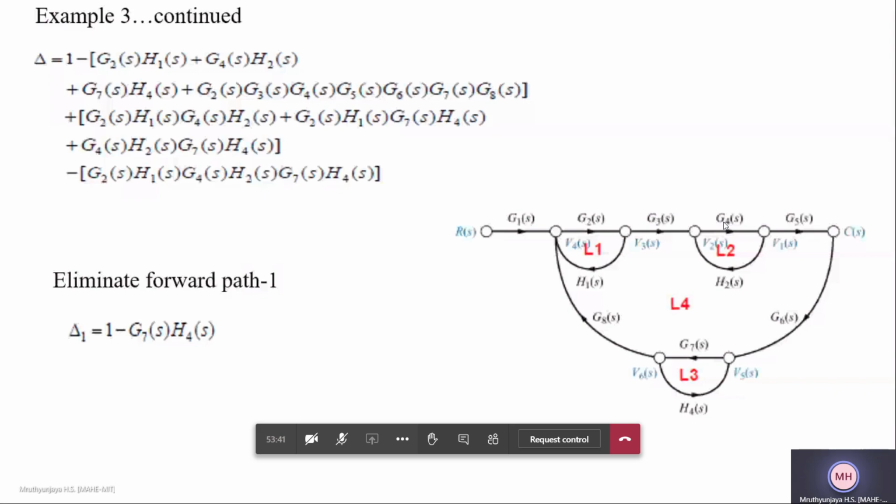If it is touching path P1, eliminate. So just glance through the delta value. Except L3, all are sharing. So you can find out C by R, C by R equals P1 into delta 1 divided by delta.